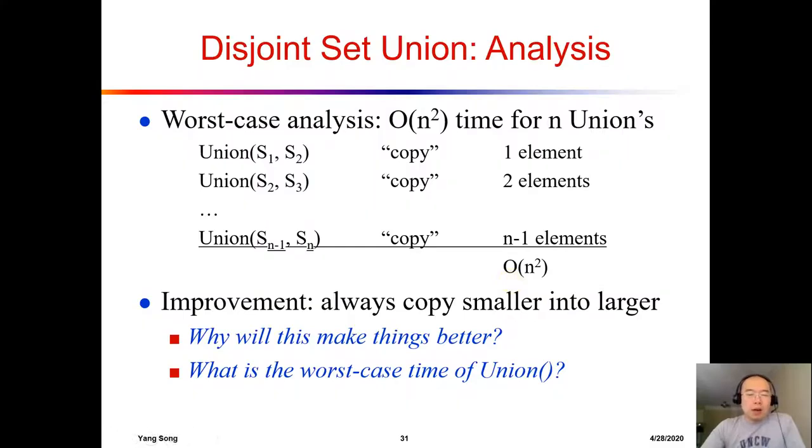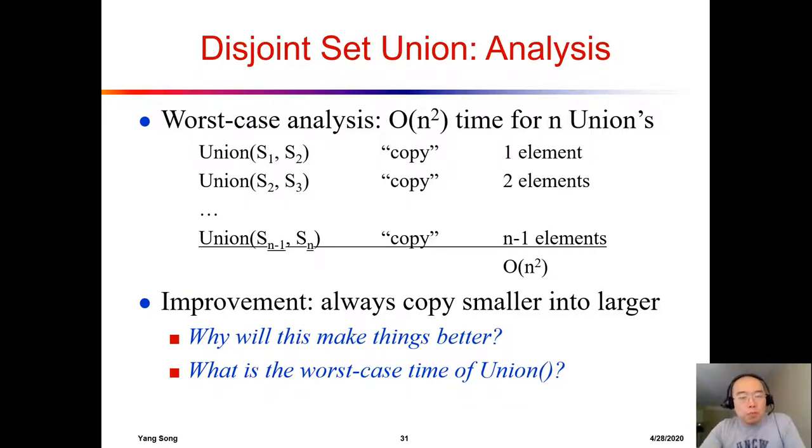The next topic is how we can make the union a little bit faster. The idea is that instead of always copying the first set to the second set, we want to do a comparison. When we are unioning S1 and S2, I compare them and copy the smaller set into the larger set.